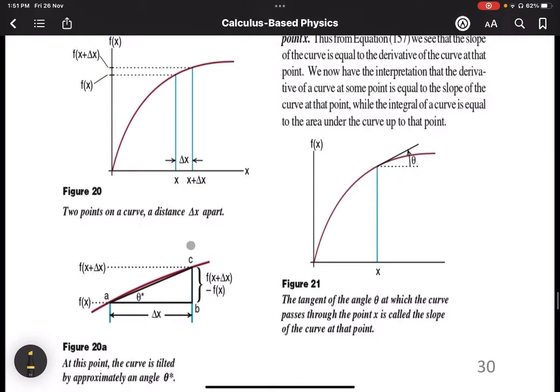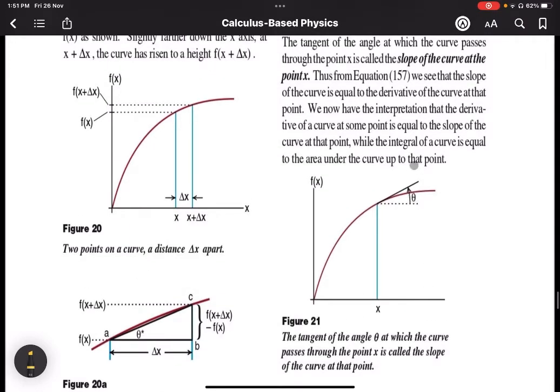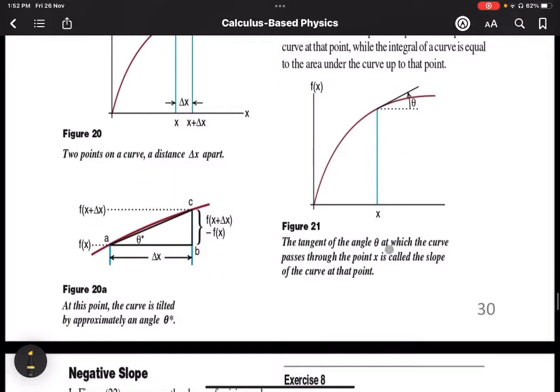Yan. So, this point and this point, na-determine natin yung kanyang tangent. Okay, the tangent of the angle theta at which the curve passes through the point x is called the slope of the curve at that point. Para mag-gets nyo, no?